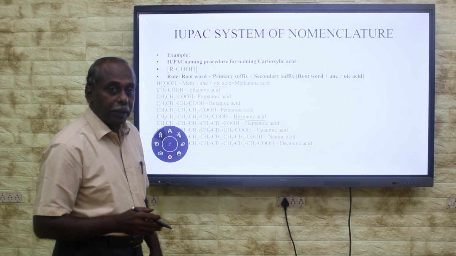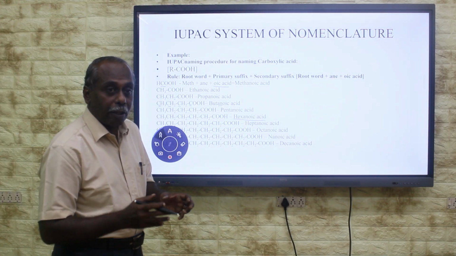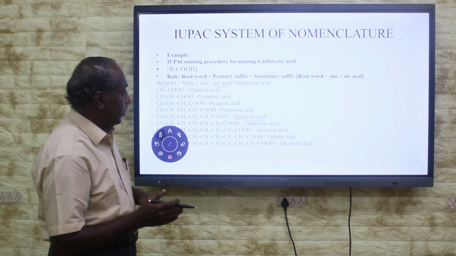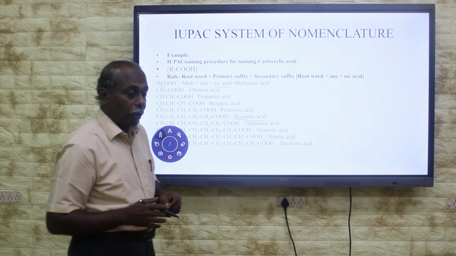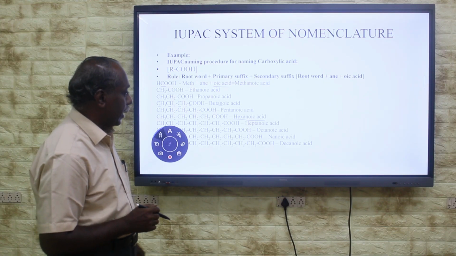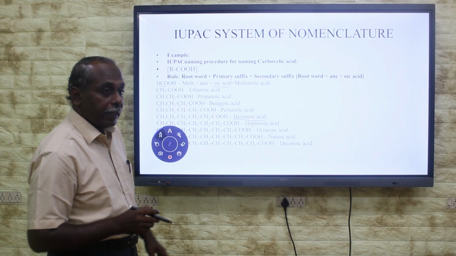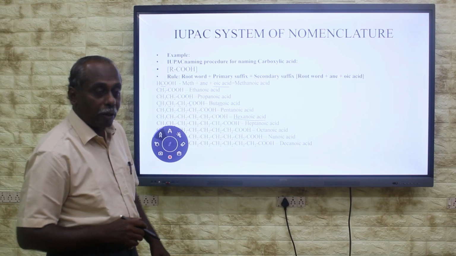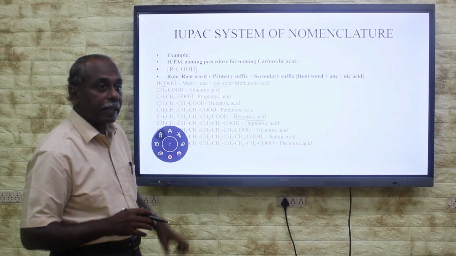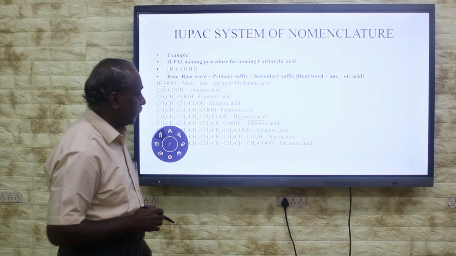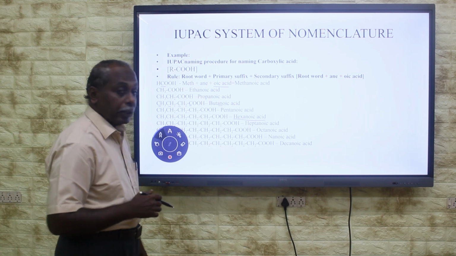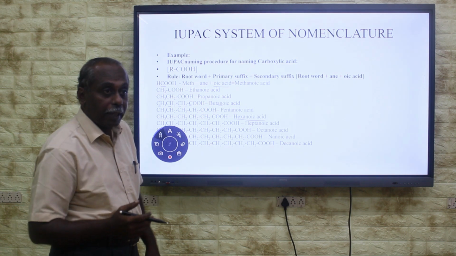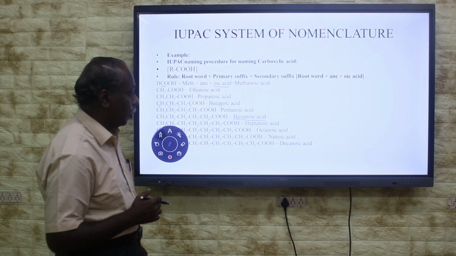It is found in the coconut, and also in coconut oil. Here 6 carbon is connected, then first carbon is carboxylic acid, remaining 5 carbon valence is satisfied by hydrogen atom. In that manner we are going to write the trivial name as well as structural formula of the compound.